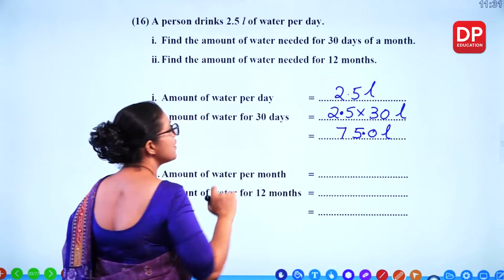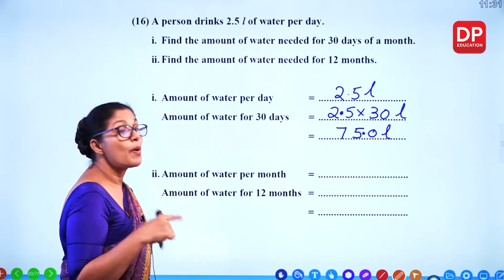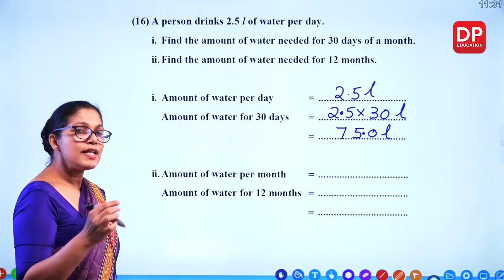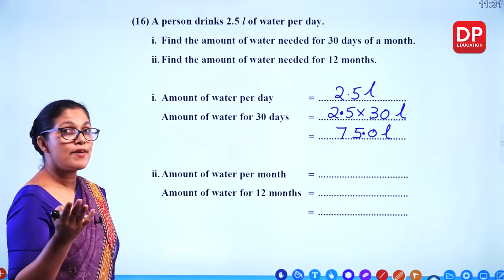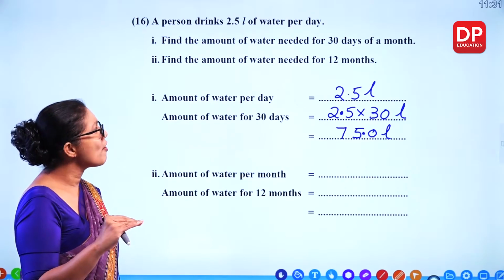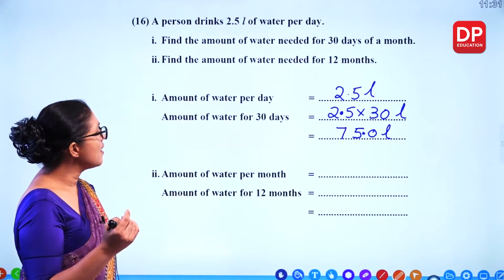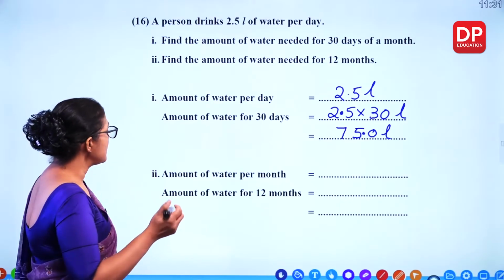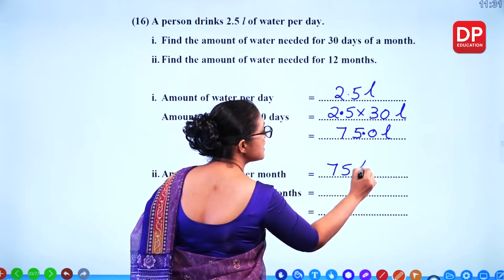That's for 30 days. Then find the amount of water needed for 12 months like that. So if we take 30 days per month, that's the average. We can't take 31, 29 like that. Average number of days is 30. So how many months are there? 12 months. So we take amount of water per month is 75 liters.